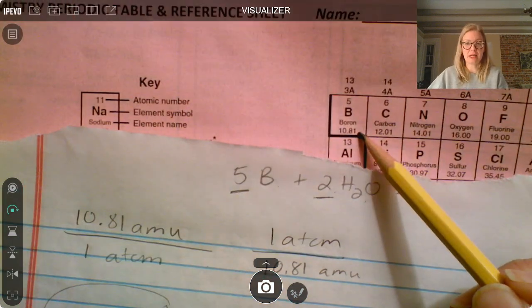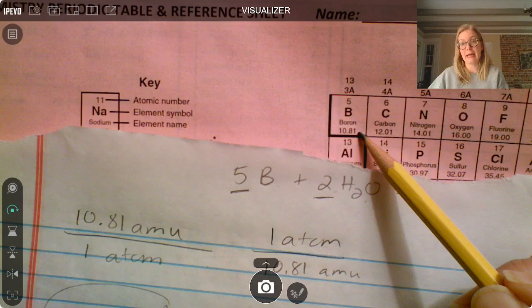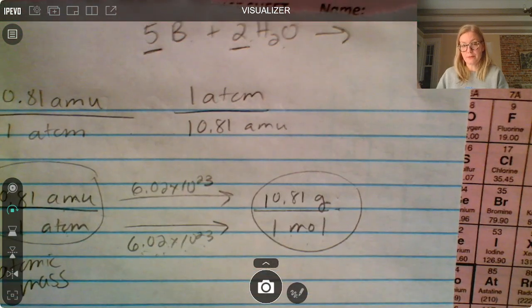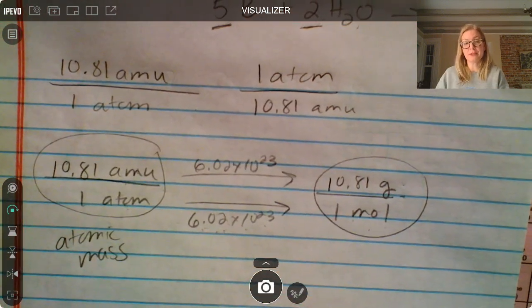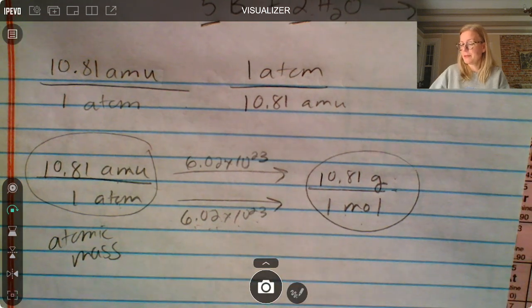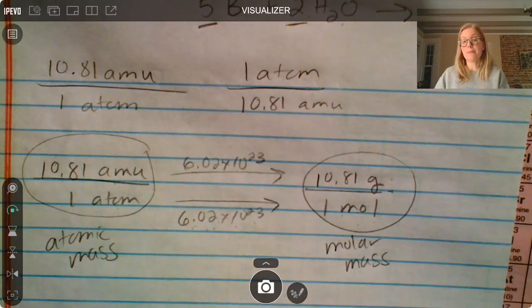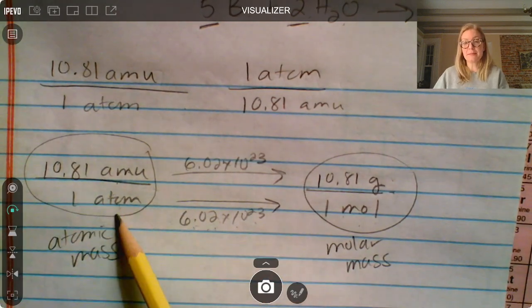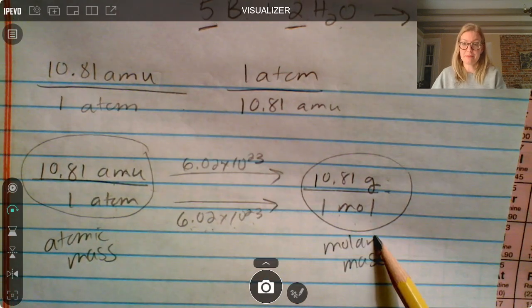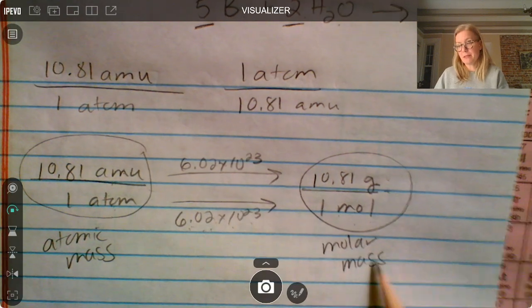Up until now, you've always called that number at the bottom the atomic mass, the AMU in one atom. But now, to be more practical in the lab, we scaled it up to have something called the molar mass. And the molar mass is not the AMU in one atom, it's the grams in a mole of atoms. Okay? So that's what they mean by molar mass.